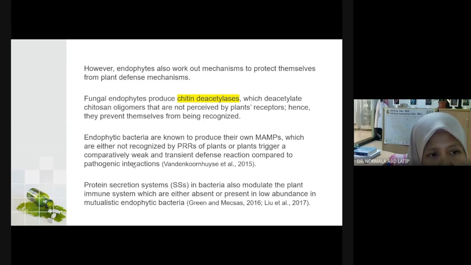The endophytic bacteria are also known to produce their own MAMPs, which are not recognized by the PRRs of the plants, or the plants trigger a comparatively weak or transient defense reaction compared to pathogenic interactions. So they are also able to prevent themselves from the defense mechanism of the host plants. Protein secretion systems in bacteria also modulate the plant immune system, and they are either absent or present at low levels in mutualistic endophytic bacteria.